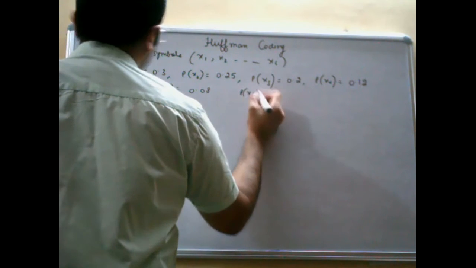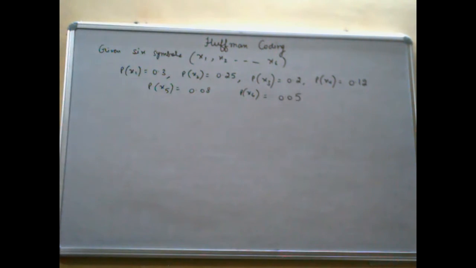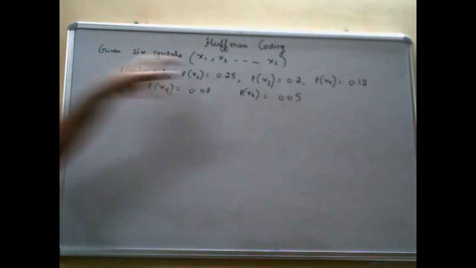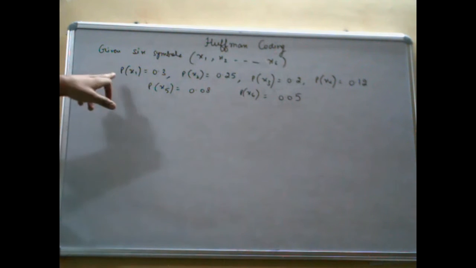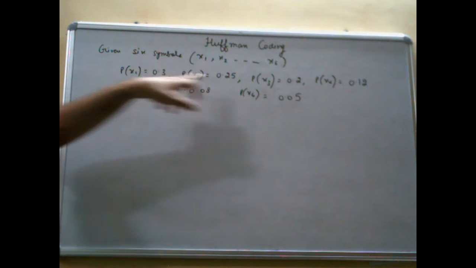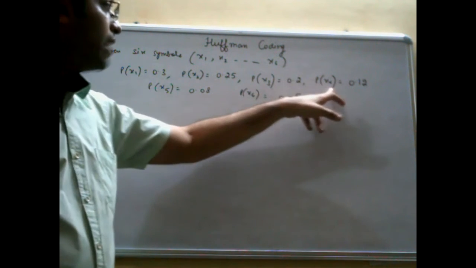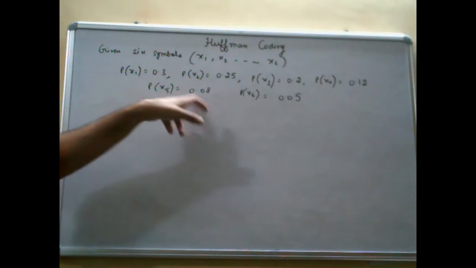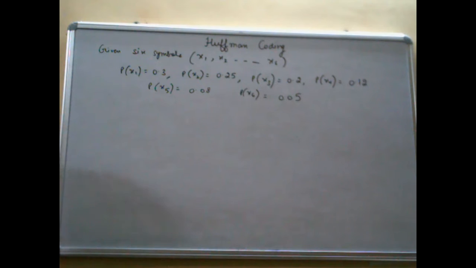The last symbol, x6, has the probability 0.05. Just note it down first.